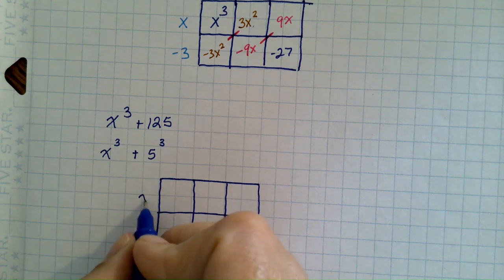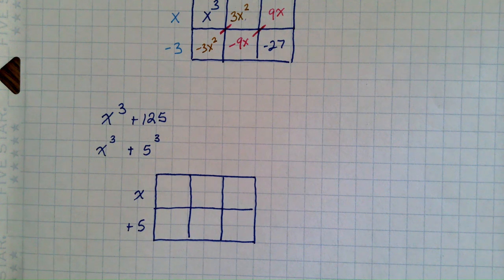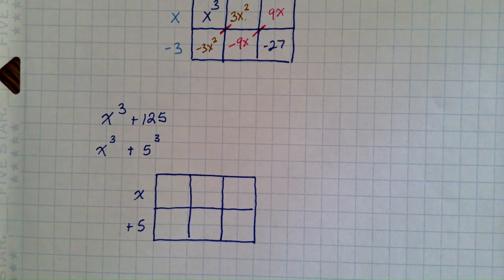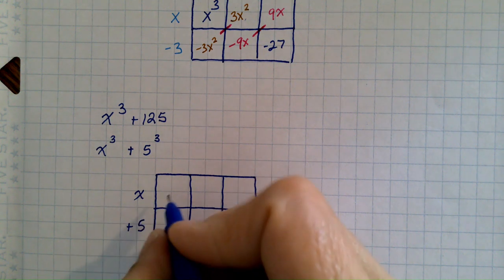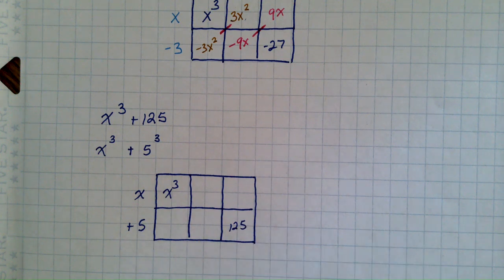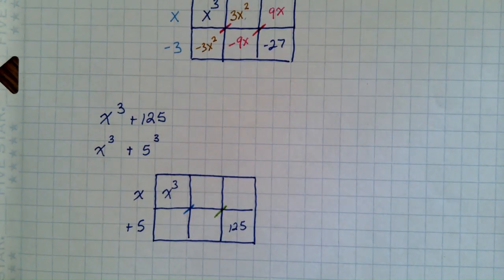So we know one factor has to be x plus 5, and if you graphed it, you would notice that this crosses at negative 5, and that's the only place this crosses. We know that the first term was x cubed, and the last term was 125. We know these have to add to 0 because they're not in the original problem.